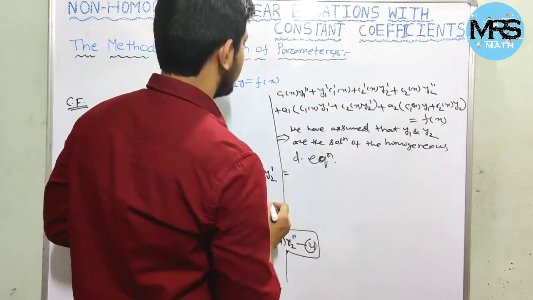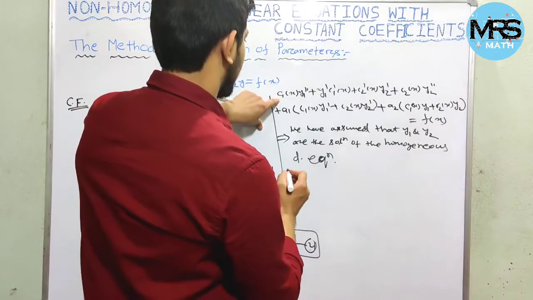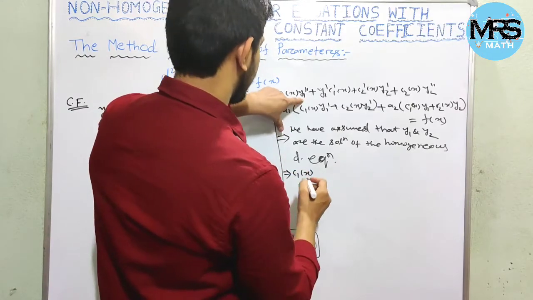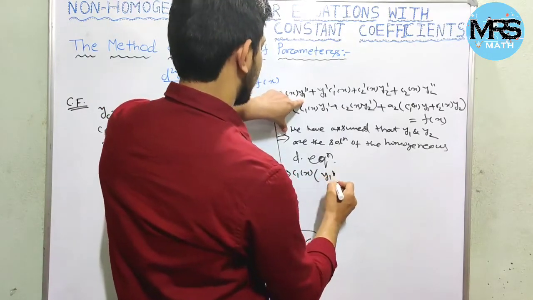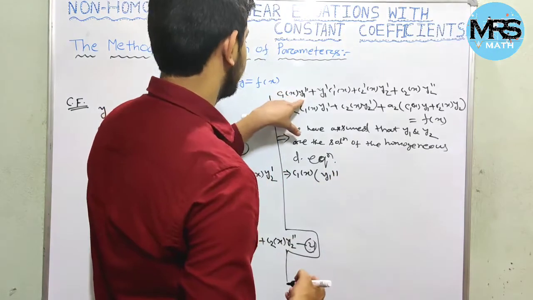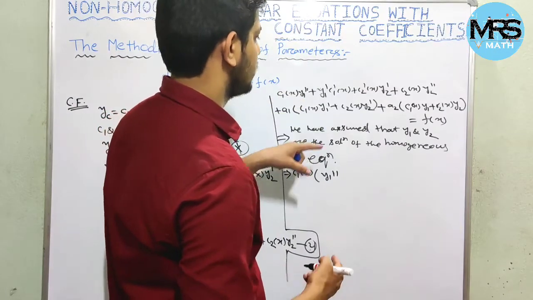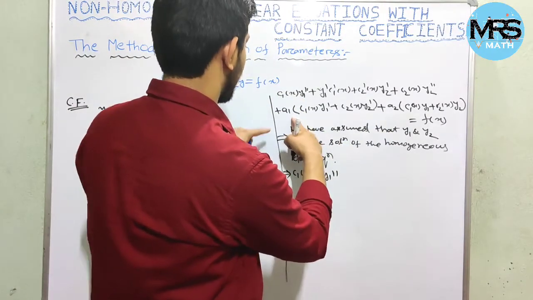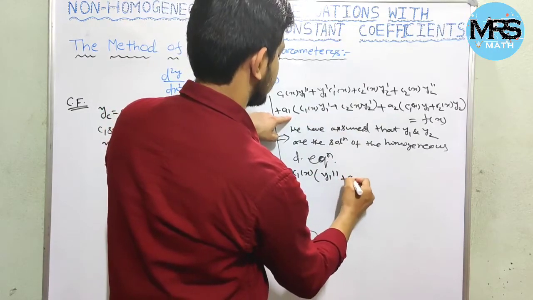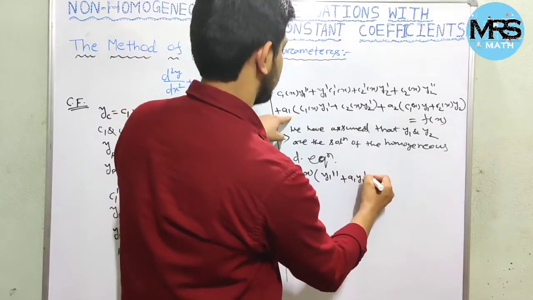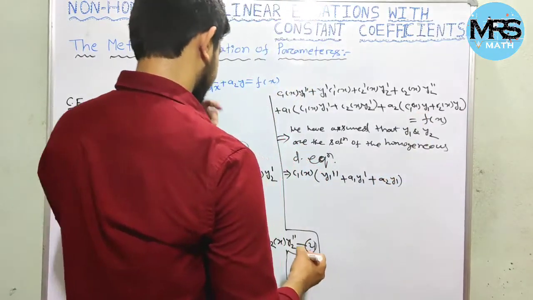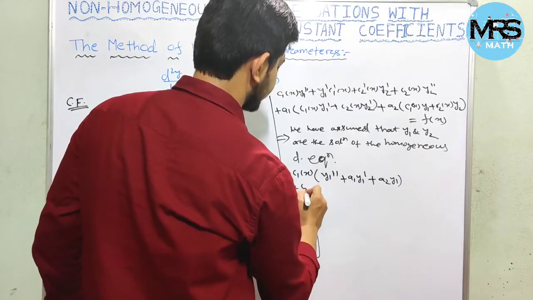Okay, so here you can see that if you are taking common this c1 of x, then what we will get here? Y1 double dash plus a1 y1 dash plus a2 y1, correct, plus c2 of x.